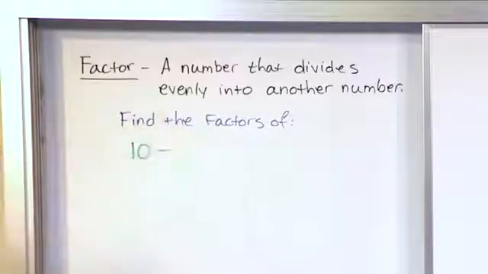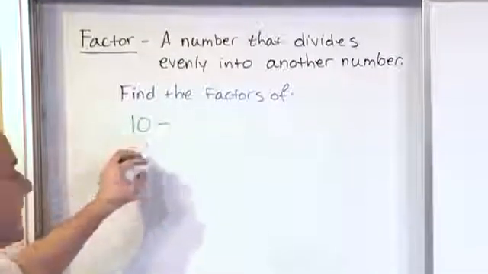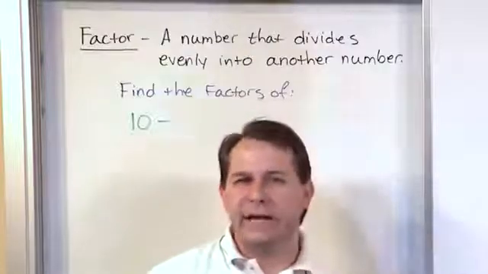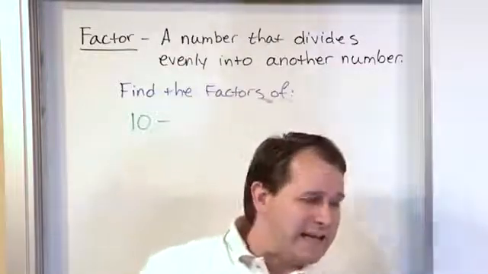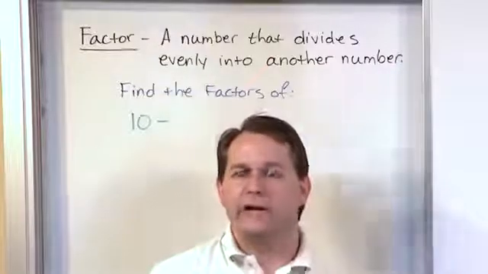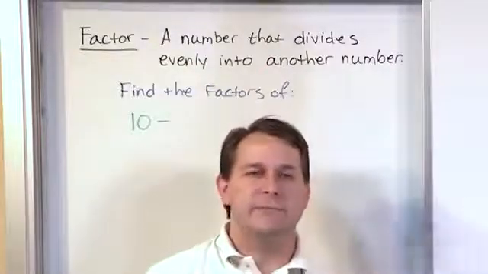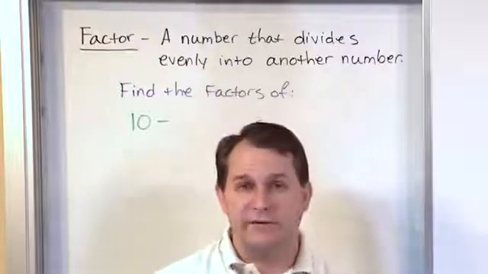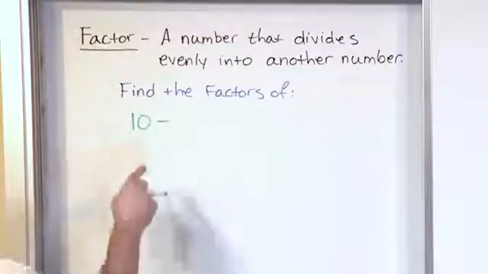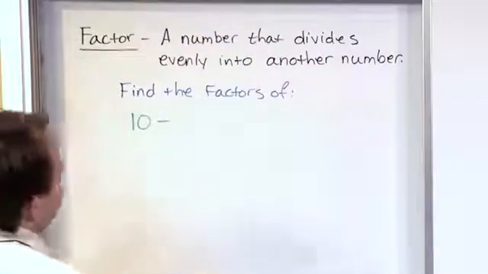So what I'm trying to do, if I'm trying to find the factors of the number 10, is I'm literally trying to write down a list of every number I can think of that will divide evenly into 10, without any remainder or any leftover. So it has to divide evenly. And if a number can divide evenly into the number 10, then we say it's a factor of the number 10. So let's start with the number 1 and see how far we can go.